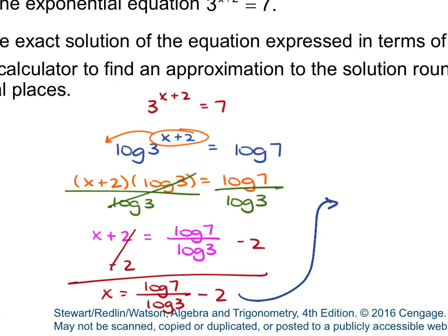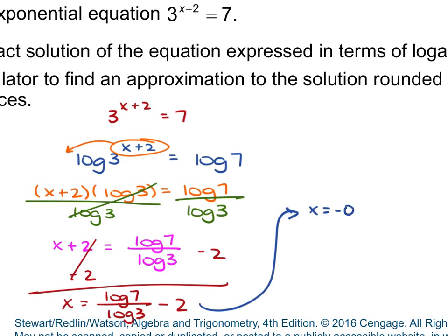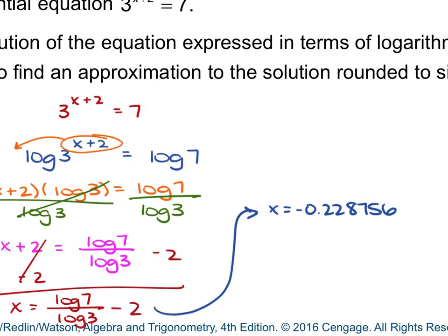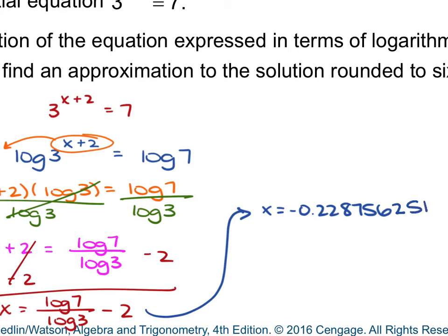So if we use our calculator and we have log 7, close our parentheses, divided by log 3, close our parentheses, we hit the enter button, we subtract 2 from that, and we get that x is equal to negative 0.228756251.